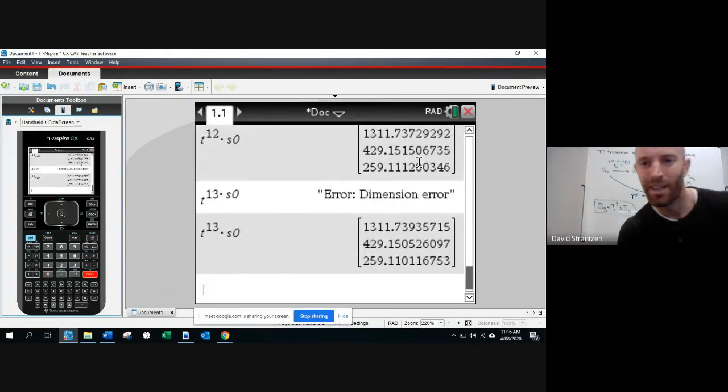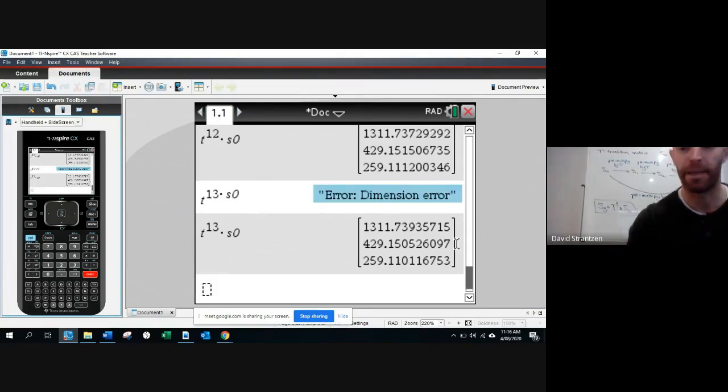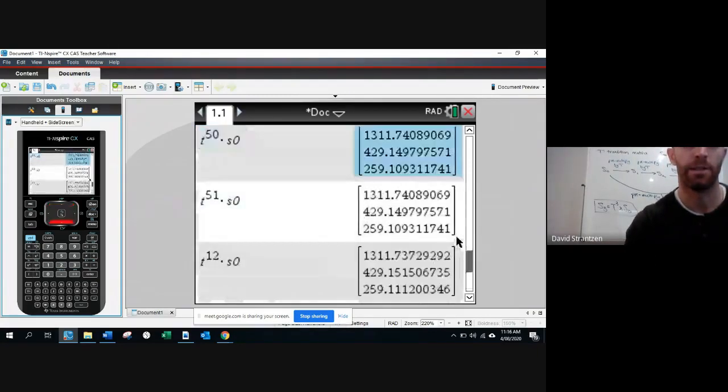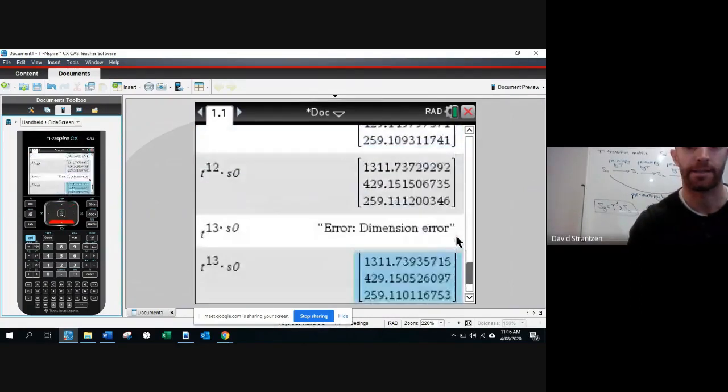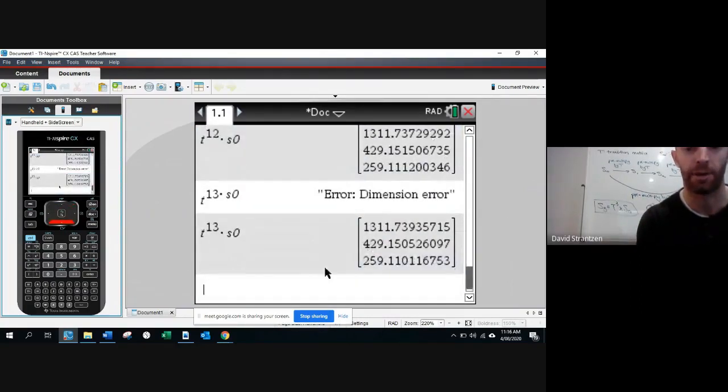Notice that we haven't quite reached steady state. I guess to 1 decimal place, the numbers are the same, but you can see to 3 decimal places, 737, 739, there's still a little bit of variation. So that's why we choose big numbers like 50 and 51. Usually we can be pretty sure that we've reached steady state by the time we get to 50 and 51.